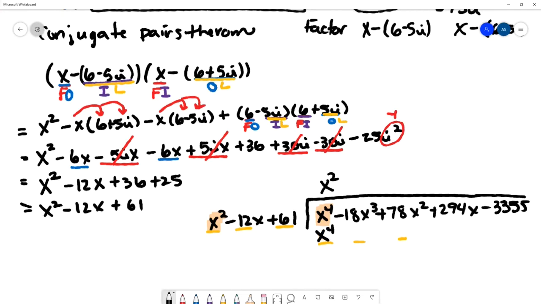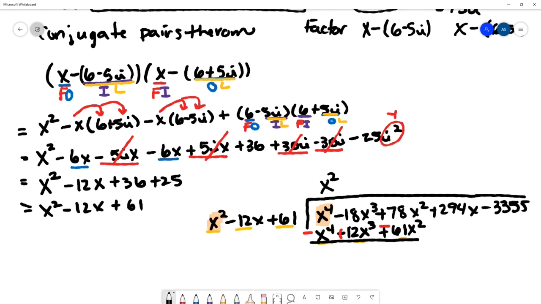X squared times negative 12x, that is a minus 12x cubed. X squared times 61, that is 61x squared. Then I need to change the signs, so this is a minus plus minus.